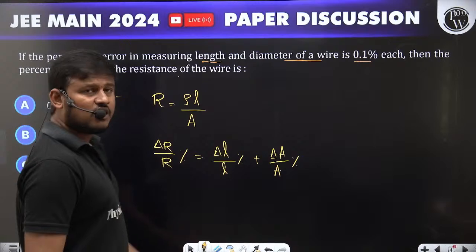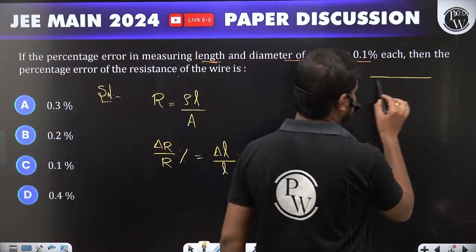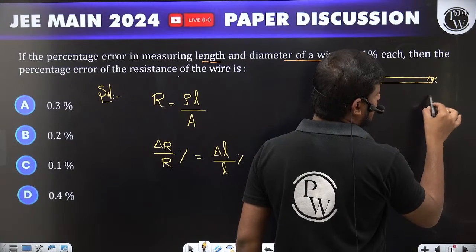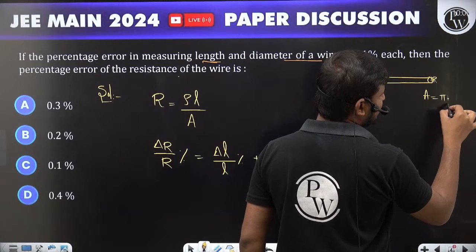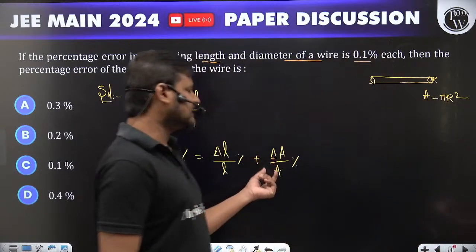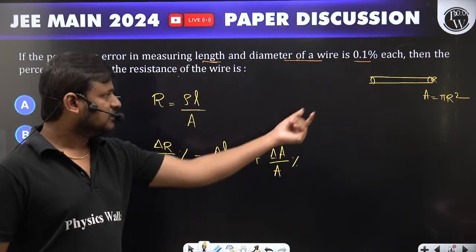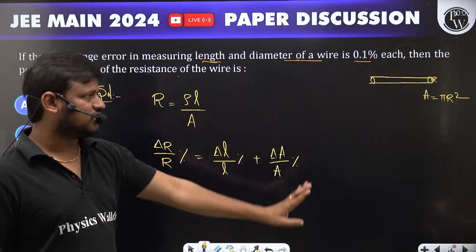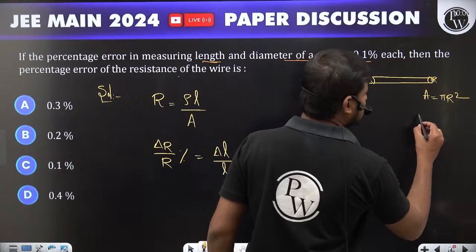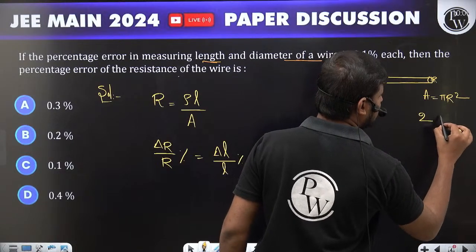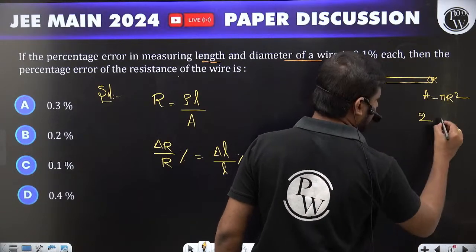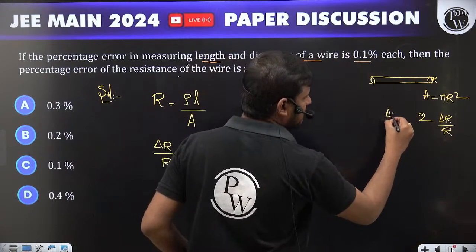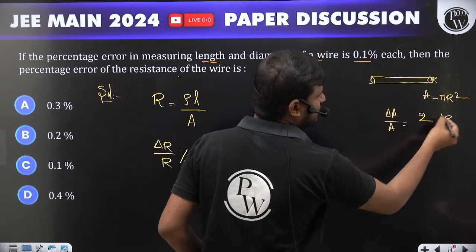The area of the wire, if you take a wire with radius R, then area will become pi R square. In place of delta A by A, since pi is 0 in variation, we can write 2 into delta R by R.